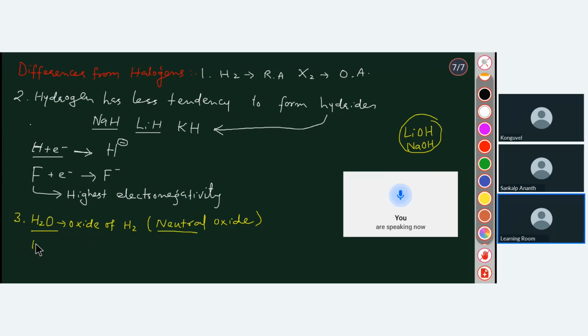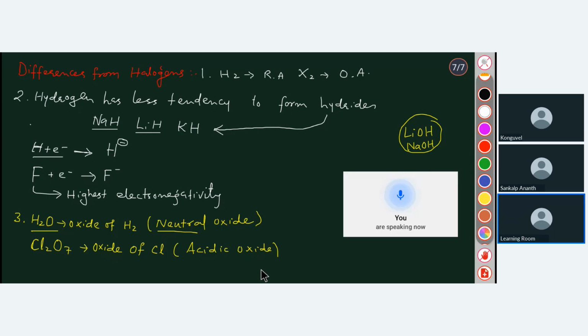Now if you talk of oxides of halogens, for example Cl2O7, the oxide of chlorine, is it acidic, basic, or neutral? It is an acidic oxide. So hydrogen forms a neutral oxide with oxygen, but halogens form acidic oxides.